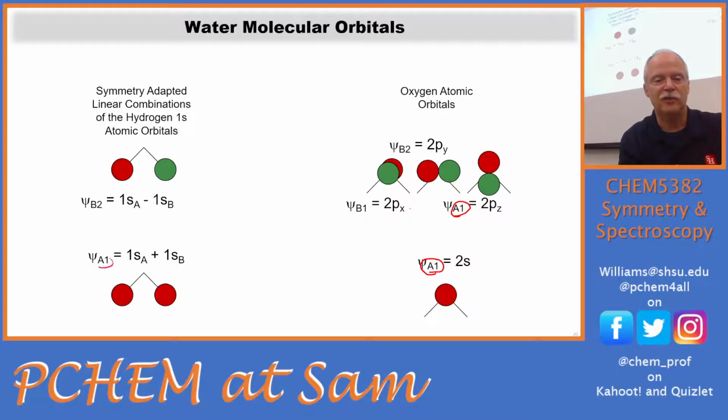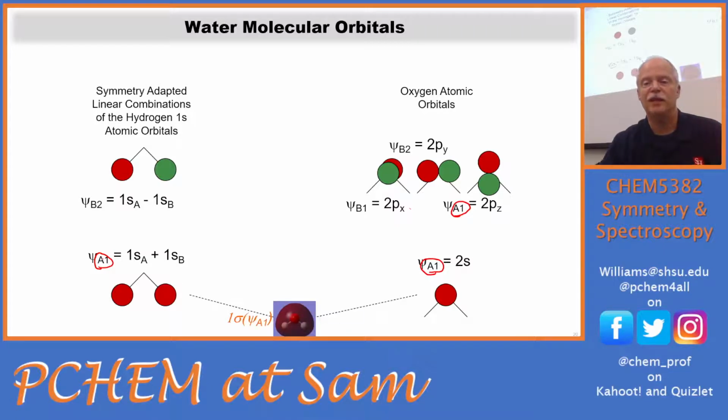So only those wave functions with the same symmetry will interact with each other. They will have a non-zero interaction. For the A1 orbitals, let's interact all three of those. We have 2s on oxygen, 2pz on oxygen, and the 1sa plus 1sb on the hydrogens.